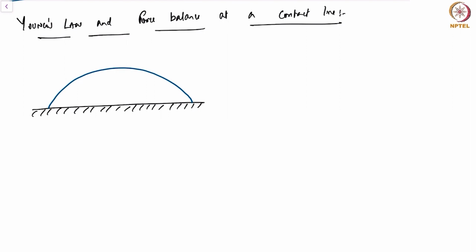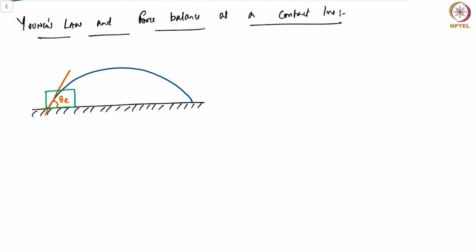S clearly has to be less than 0 because we have partial wetting, and we have an angle which I called theta E, right? Now let's examine a small region in the vicinity of this contact line.